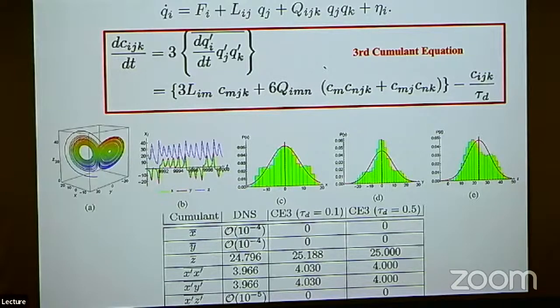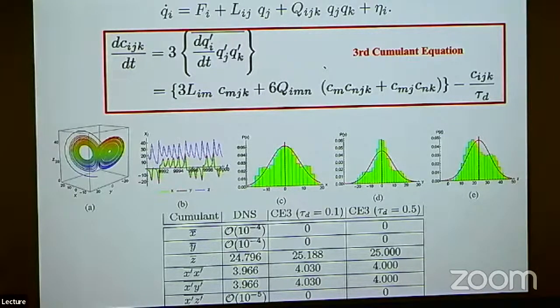The other way of doing it is to just go through the algebra in real space, as it were, write down equations that you would like to solve, and then solve those spectrally. So whatever your favorite numerical scheme is for solving your usual PDEs, you can still use for doing your cumulant expansions.